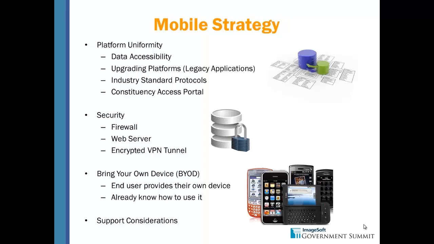Okay? So with that, there are obviously security concerns. A lot of customers here might not have any outside access. You have to be inside the county buildings to be able to access that data. By doing that, now we need to employ web servers, maybe additional application servers, some things you might not have had to worry about before, but now you have to start thinking about getting those in place.